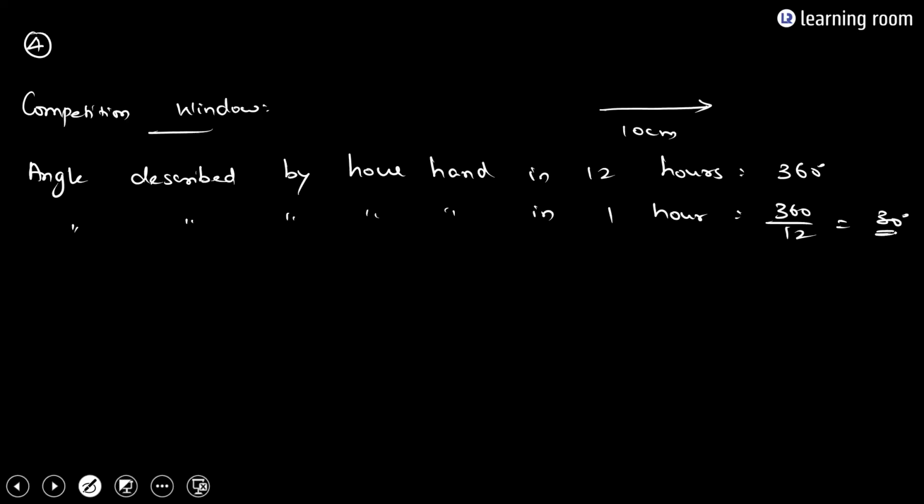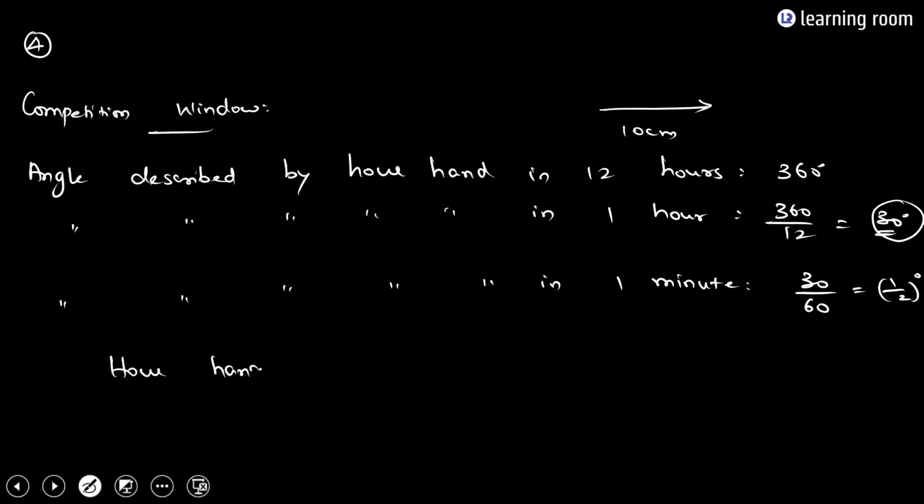Similarly, the angle described by the hour hand in 1 minute will be 30 divided by 60, which is half a degree. So you conclude that the hour hand rotates through half a degree in 1 minute.